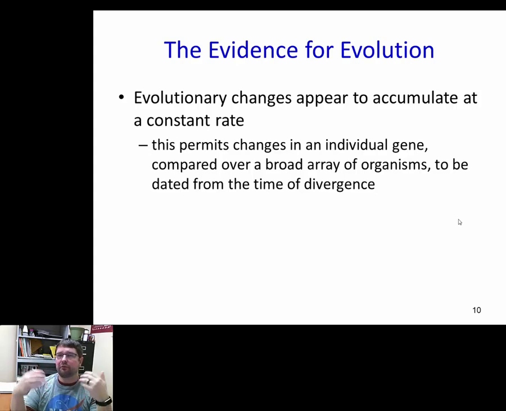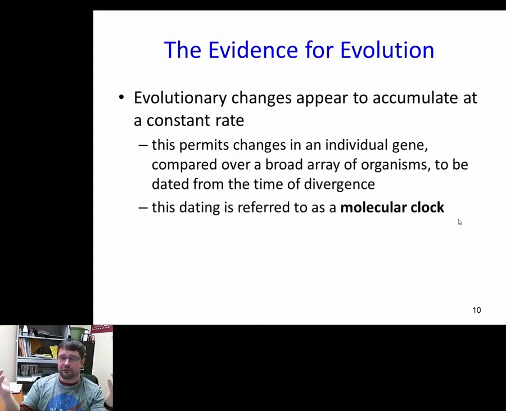By knowing that, we can know when was the last time they diverged from each other. So when did they last share a common ancestor? And that's what we call molecular clocking. You basically do the same thing that we do with radioisotope dating. We get a date. But now we're doing it with genes and evolutionary change of those genes.